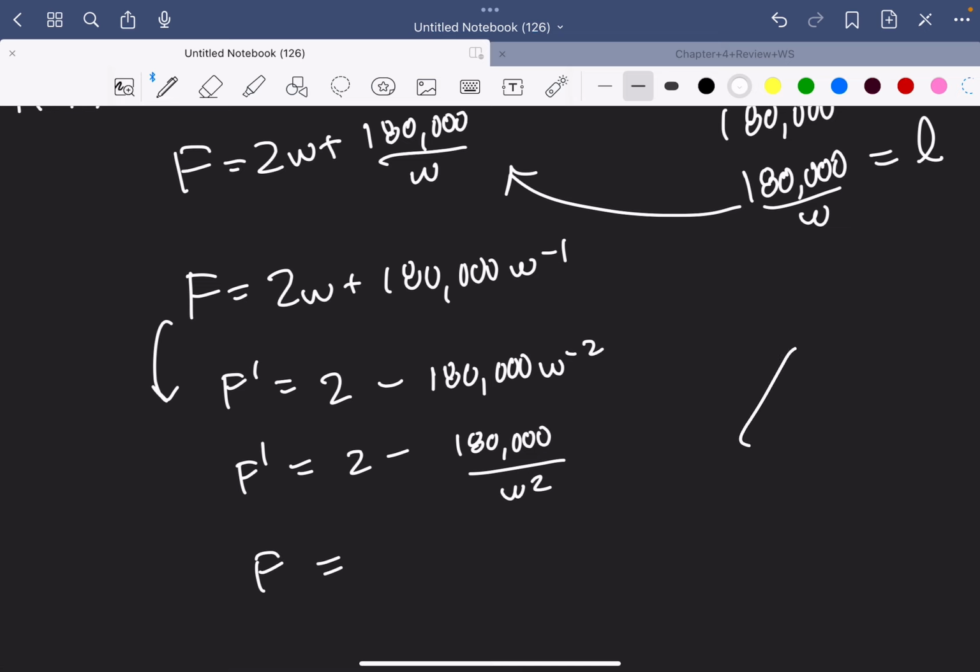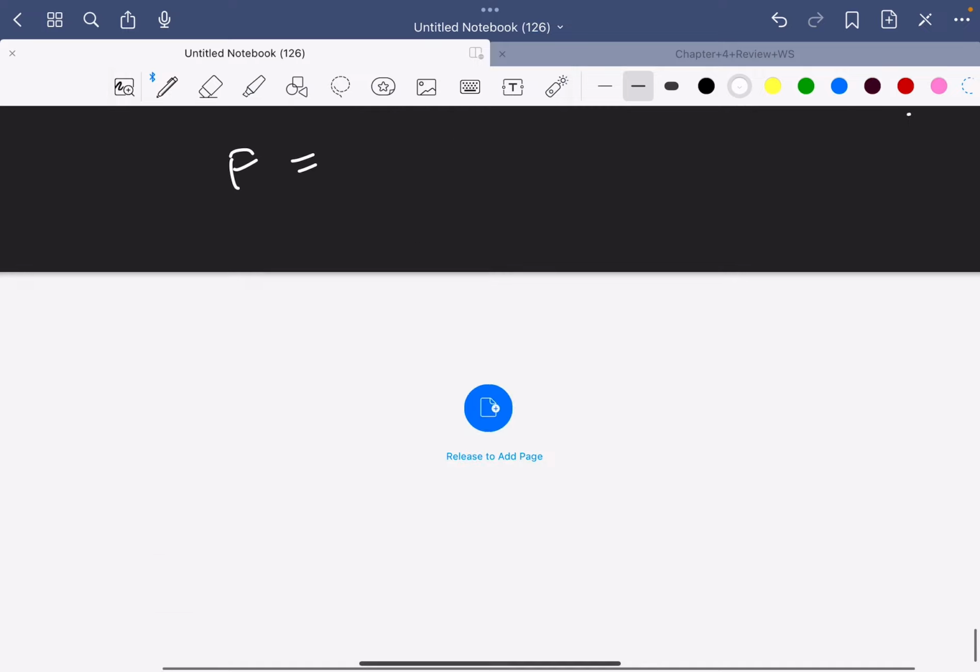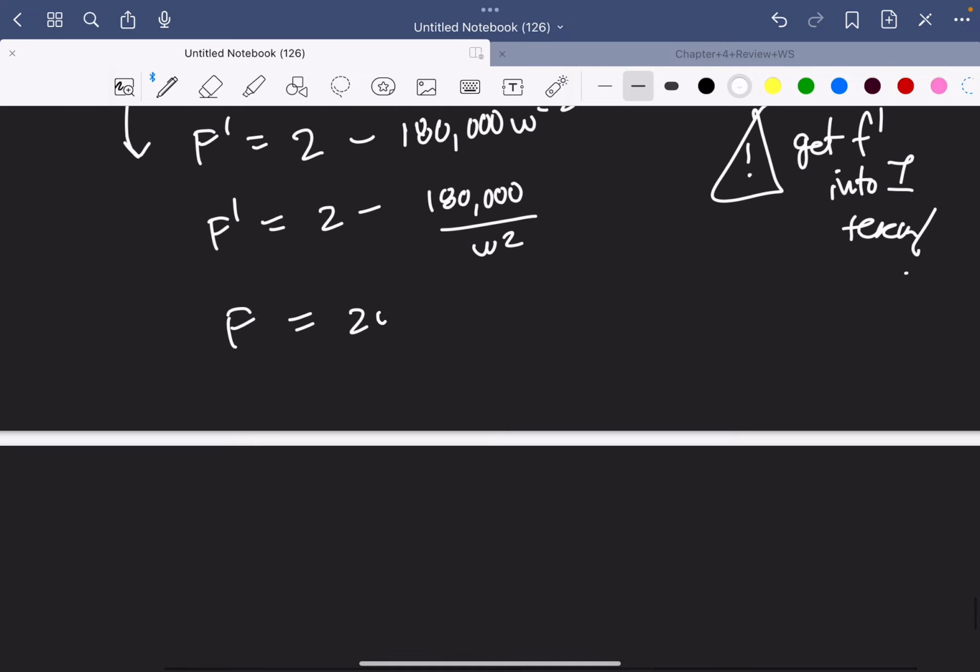But remember, caution, we like to get F prime into one term. The way that we can get that into one term is by hitting it with a W squared over W squared, a nice well-chosen one. And so we get this.